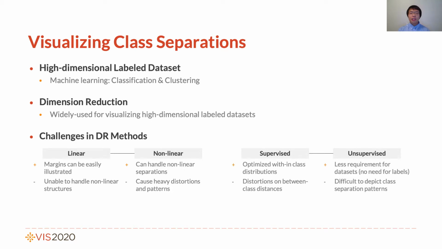Supervised dimension reduction algorithms tend to increase the similarities of instances in the same class. However, the distortion may increase the uncertainty and errors between instances from different classes and affect the understanding of intra-class relationships, especially when inspecting data distributions near the class separations.